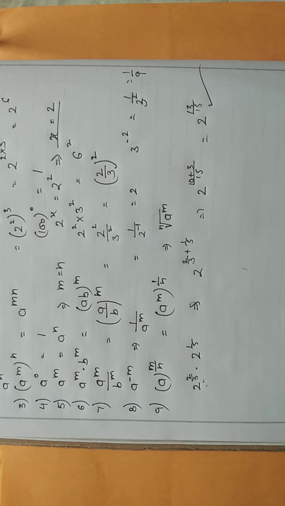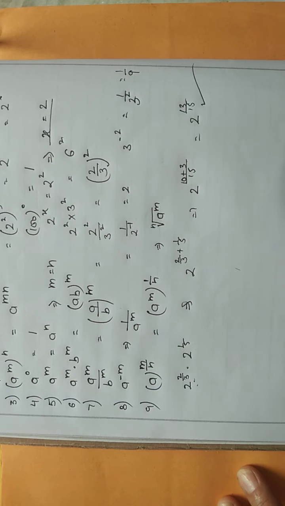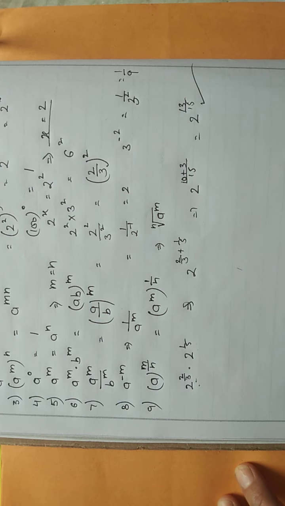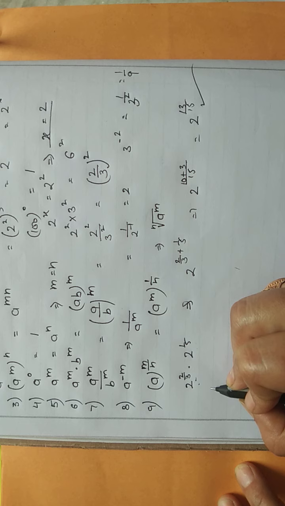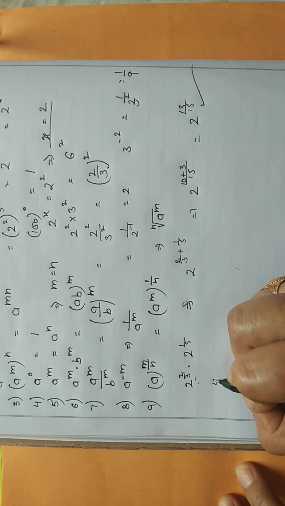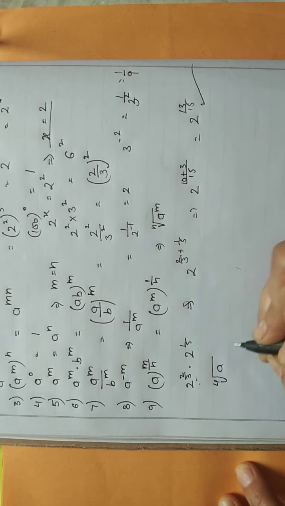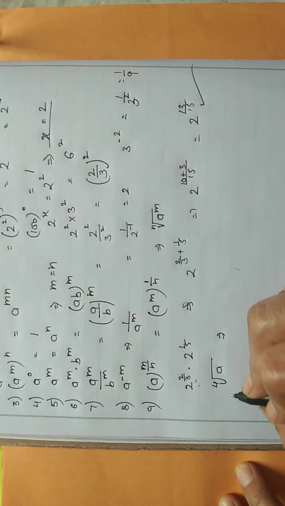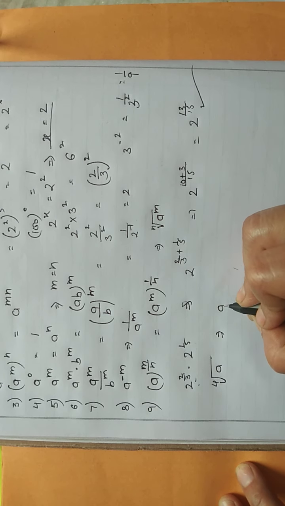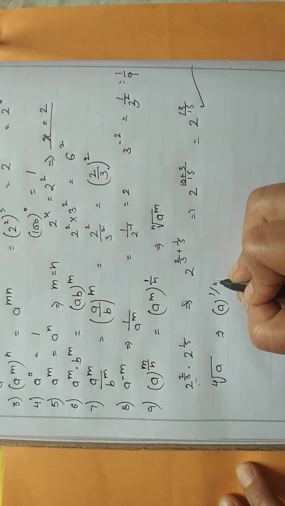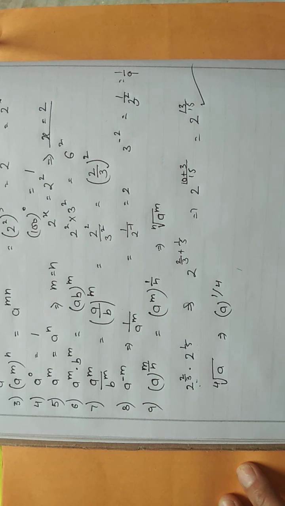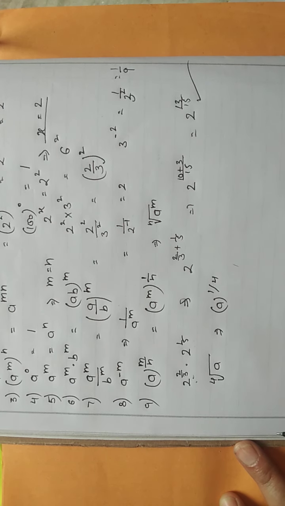Okay. Now one more thing is there. If radicals are given to you and you have to express them as power, how can you solve it? For example, a radical is given to you, this one. Okay. So what I have told you, it goes to a to the power 1 upon 4. Are you getting it or not? One more I will explain for you.